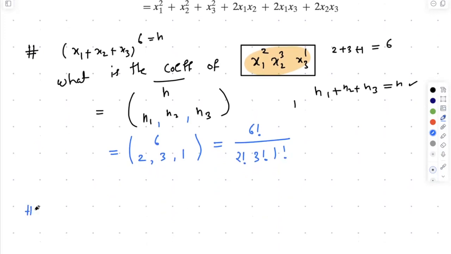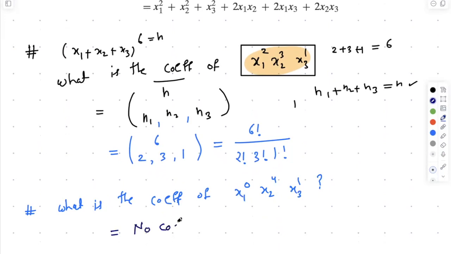On a similar basis, if I ask you what is the coefficient of x1 power 0, x2 power 4, and x3 power 1, the answer is there is no coefficient. Why no coefficient? Because if you add the exponents 0, 4, 1, it is 5, which is not equal to 6, and we have n equals 6 there.